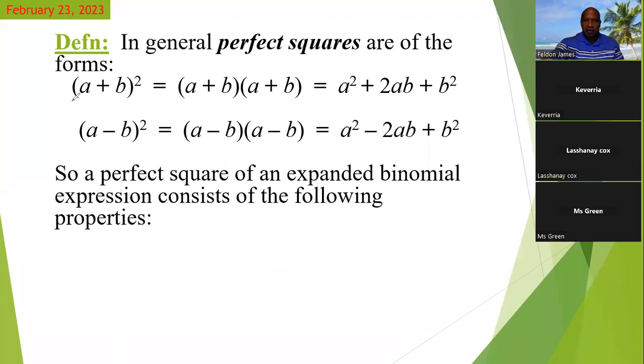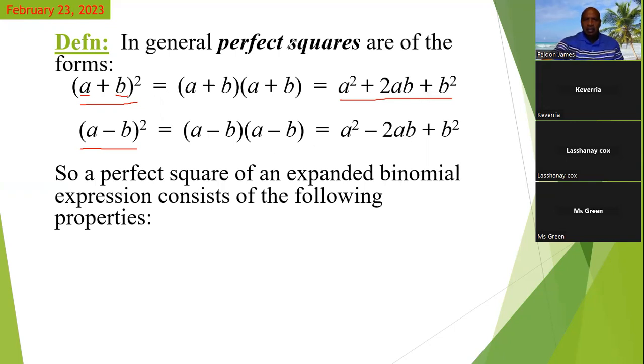In the binomial form, we must have the 2 terms in brackets, and we're either going to have a plus or a minus sign between them, and we're going to have a square outside the bracket. This here is the binomial form, right? This is the binomial form, which is also referred to as the factor form, and this is the expanded form. And if you want to call it the product of the binomial, right?